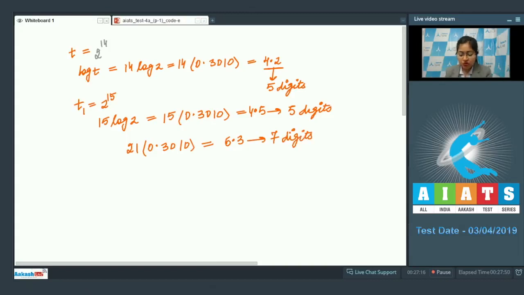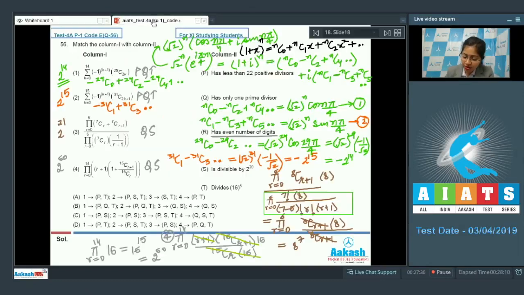Similarly, finding for 2 raised to the power 60, we will get 60 into 0.3010, that will be equal to 18.06, which means that it will have 19 digits. So all of these have an odd number of digits, so R will not come in any of the options. So from the given options, it can be seen that the correct answer is given in option number B.